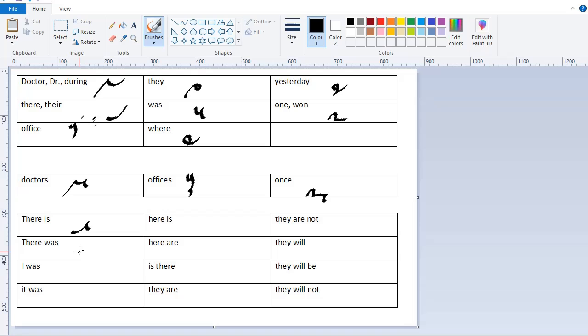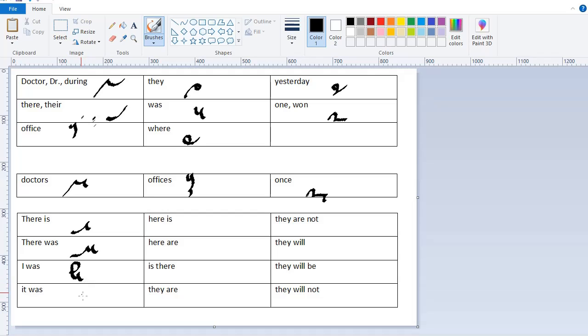Now, let's put there and was together to make the there was phrase. So, we have TH, upward hook, S. There was. Next, we have I was. So, we have I, which is represented by our big stroke of circle, and then was, which is represented by the upward hook, and then your letter S. So that is how you do your I was.